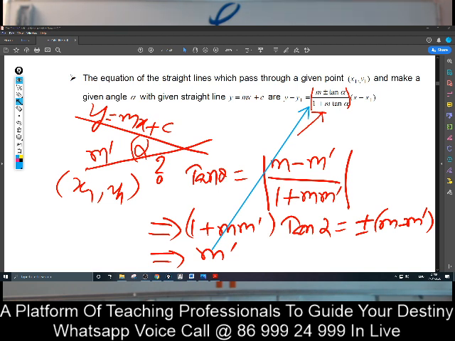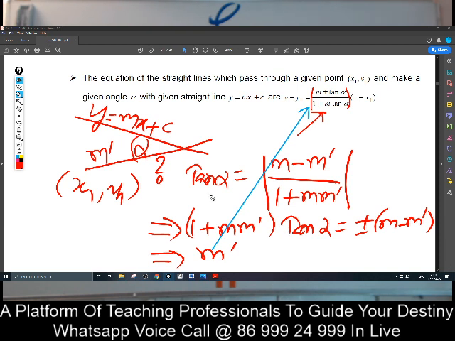Here, in place of theta you must have alpha, because the angle is given to be alpha. So tan alpha is equal to modulus of m1 minus m2 divided by 1 plus m1 m2. The same formula utilized, and we have got m dash there.